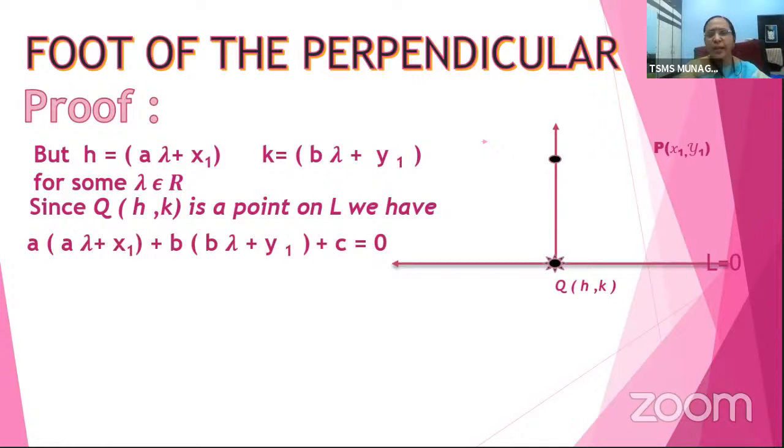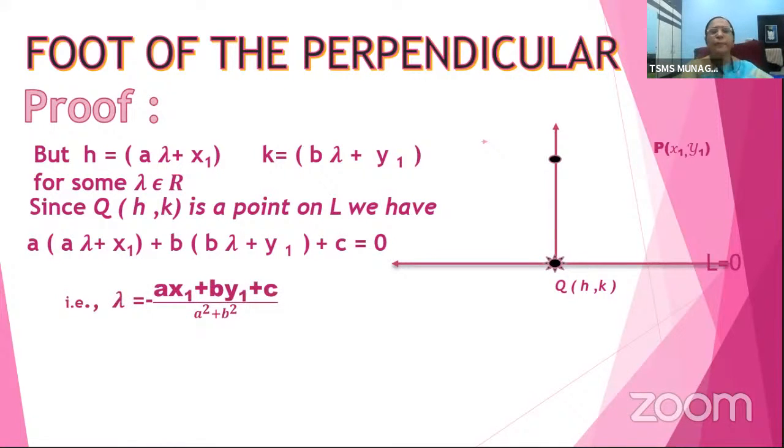Since Q(h, k) is a point on L, it should satisfy the equation. And so A(Aλ + x1) + B(Bλ + y1) + C = 0. If you simplify this, you will get A²λ + Ax1 + B²λ + By1 + C. Now you take all the terms of λ to one side, and the other terms to the other side.